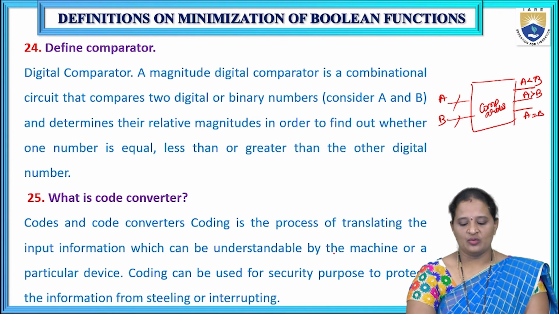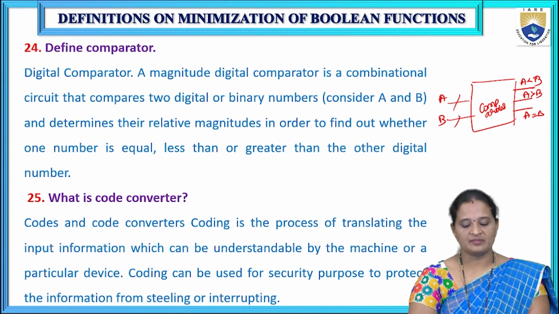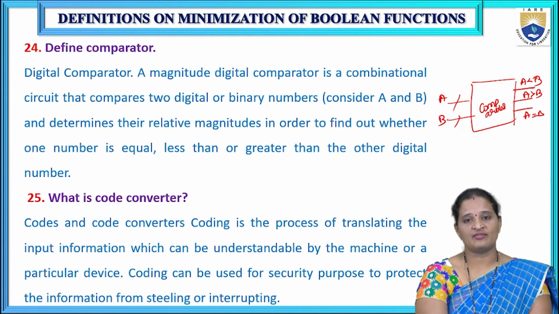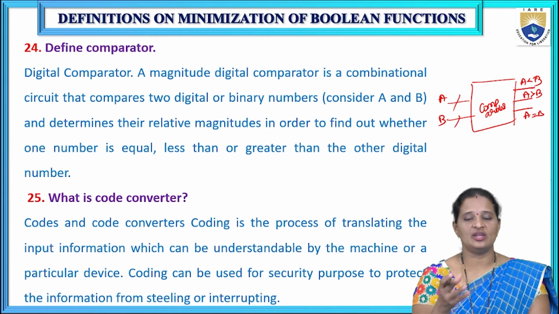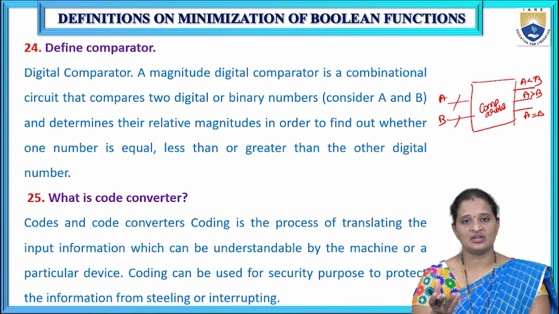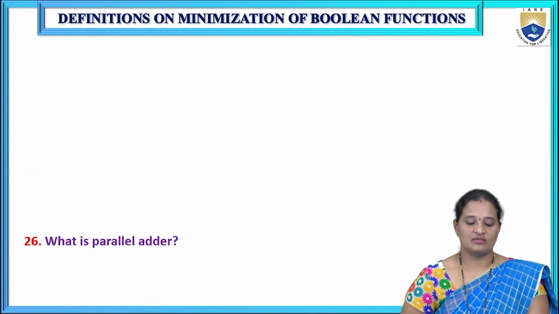Coding can be used for security purposes to protect the information from stealing and interruption. So we have to design these code converters while transmitting. If you convert these codes into some secret form, the stealing or interruption can be avoided. That means the exact data can be retrieved by the receiver. So this is how we can use the code converter.